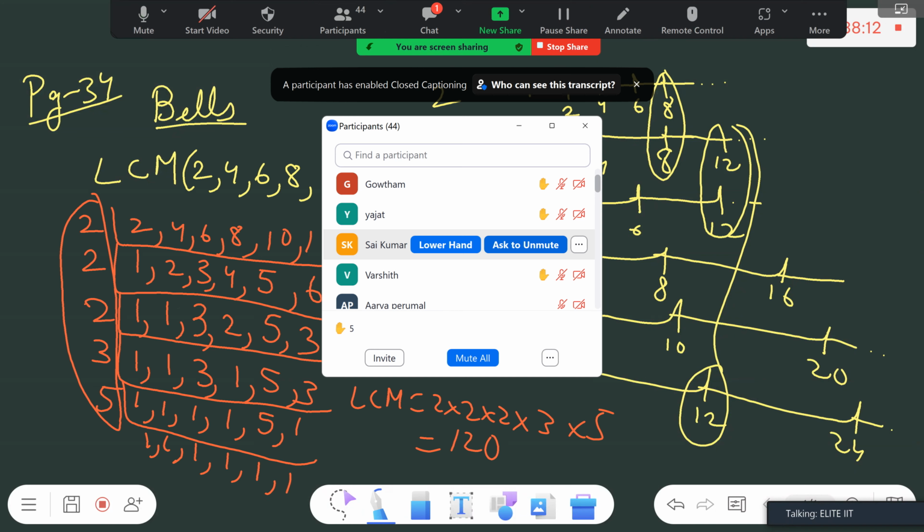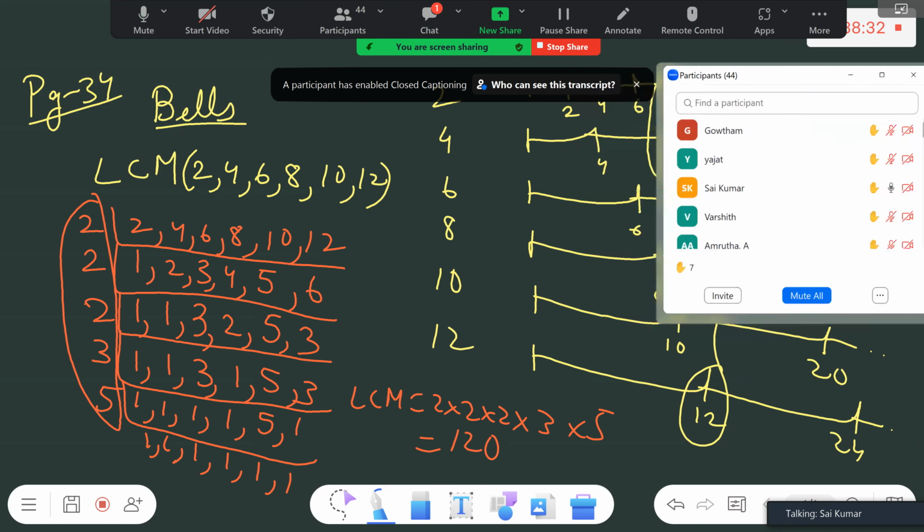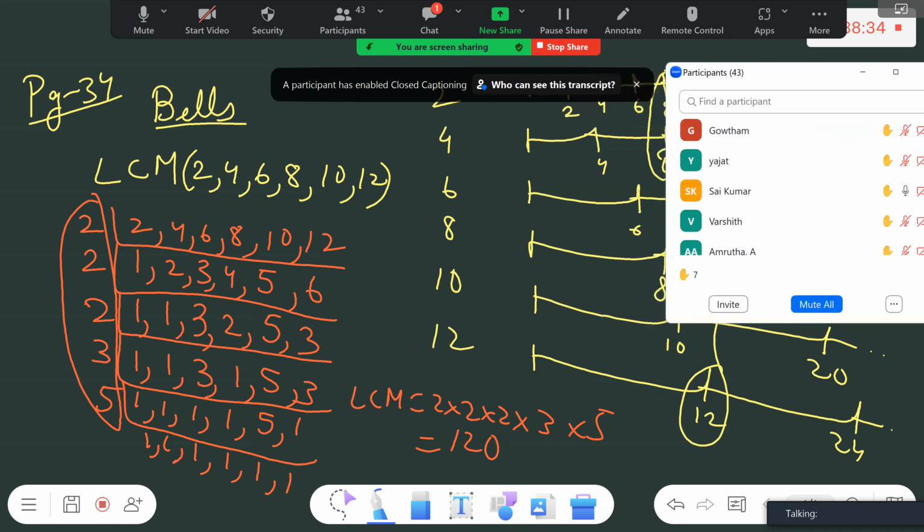Yes, Sai Kumar, what is your doubt? You raise your hand, Sai Kumar. Sai, what is your doubt? You can unmute. Yes. Sai, ask your doubt. What is your doubt?